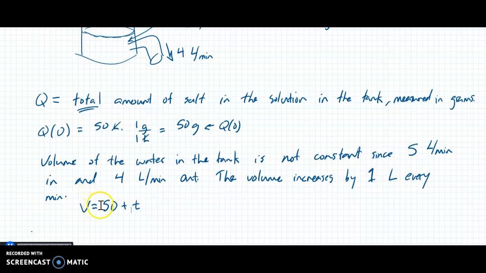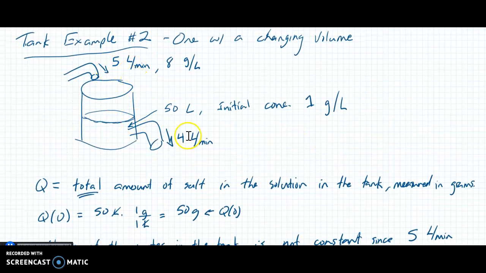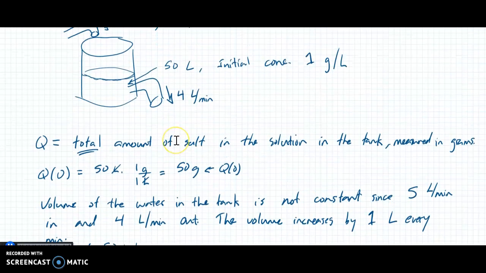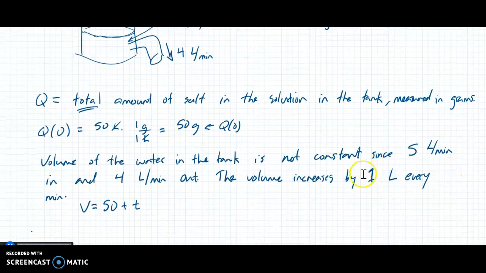So the volume is the initial amount plus the difference in the rates times time. This is one where I've got a constant rate in and a constant rate out, so the rate of 1 is not changing. Anyway, so that volume is 50 plus t. I'm going to put a little box around that because that's important. We're going to use that later.